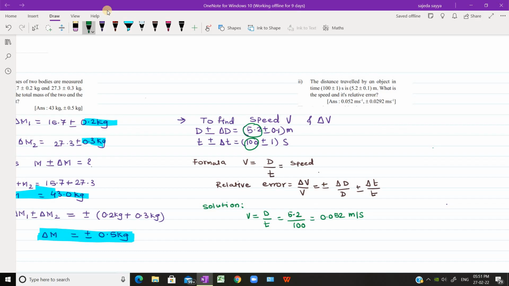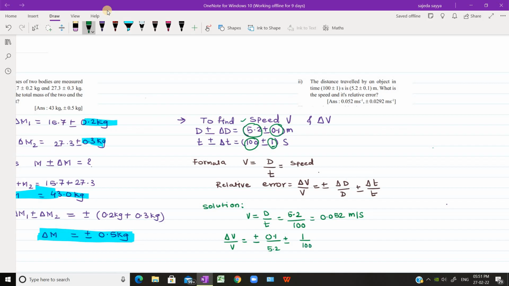Next will be delta v upon v. That is nothing but plus or minus delta d by d. This is delta d and this is d. So it will be 0.1 upon 5.2 plus or minus delta t upon t. So this is delta t 1 and this is t. So it will be 1 upon 100.